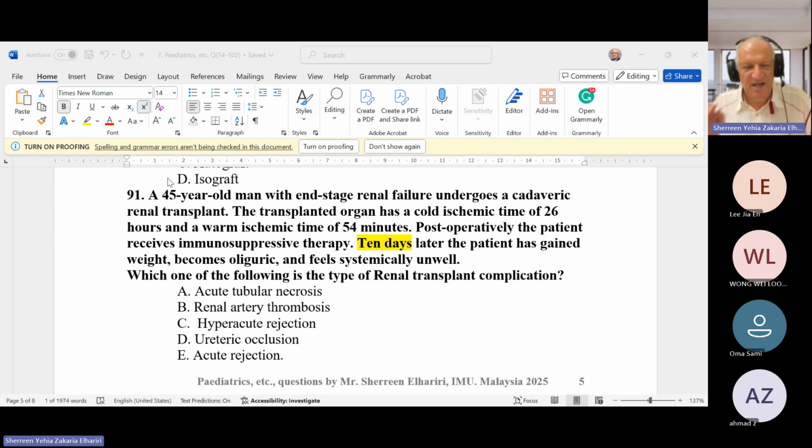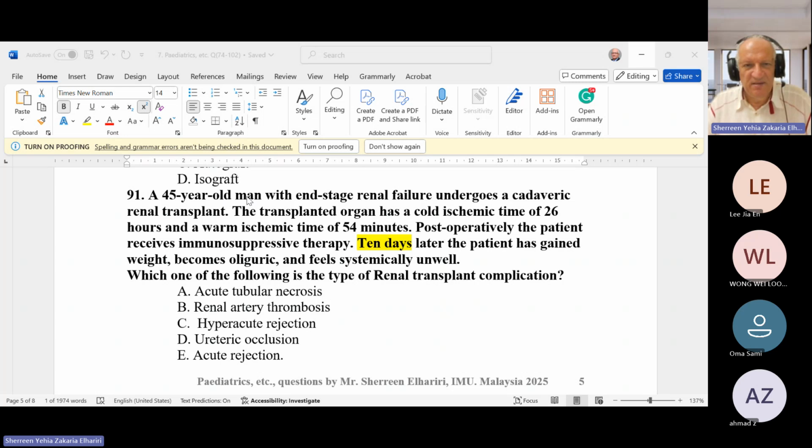According to timing, hyperacute occurs within 1 day or a few hours, acute occurs within 1 month, and chronic can occur after many years, maybe 20 years. So the vital point here is the number of days, or the duration. So we can start one by one.